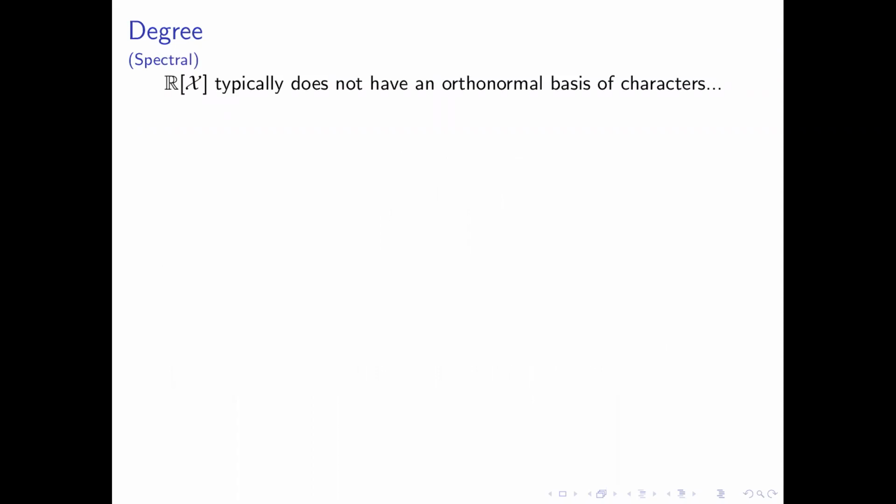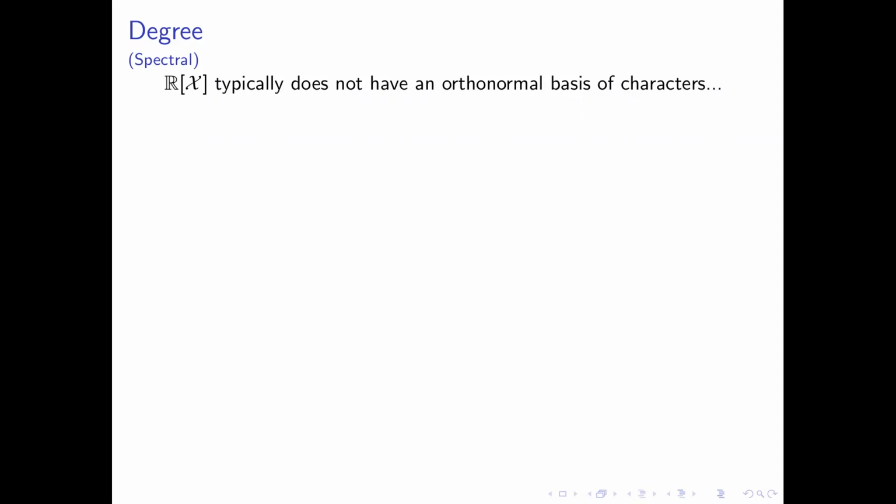Notice that in the hypercube, we had this nice spectral notion of degree, and the spectral and the spatial notions of degree coincided. This is a subtle point that I think is very important, that I didn't really appreciate until I started working on these sorts of problems. If we take an arbitrary domain X, it typically doesn't have an orthonormal basis of characters.